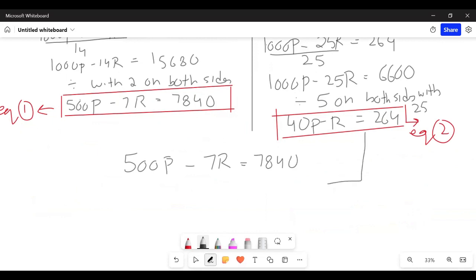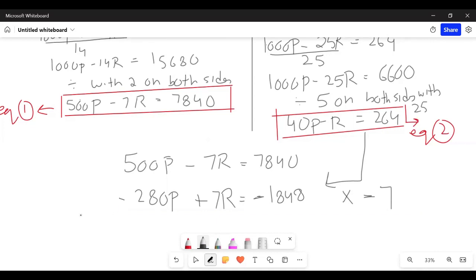And for the second equation, I'm going to multiply it with -7 so that this becomes plus R. So we get negative 280P, then plus 7R is equals to negative 264 into -7, 1848.